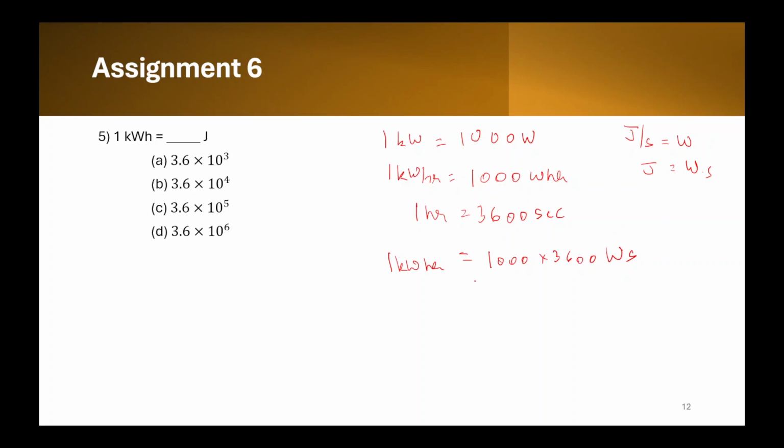So this is how we get 1 kilowatt hour is 3.6 into 10 to power 6 joules, because this watt second is joules. So the correct answer here is the D part.